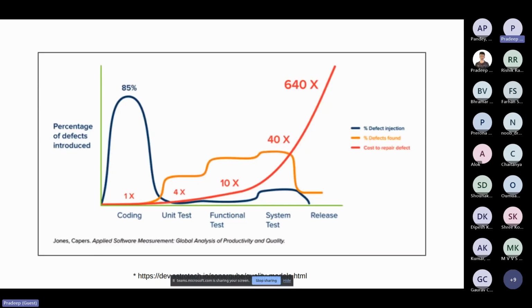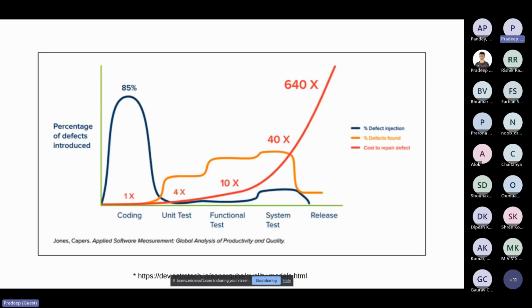So during coding, that's when you will actually inject a lot of defects, because that's when you're developing code, and over the process your defects go down. But when you start integrating with the larger system, they increase a bit, because you haven't tested the interface boundaries.